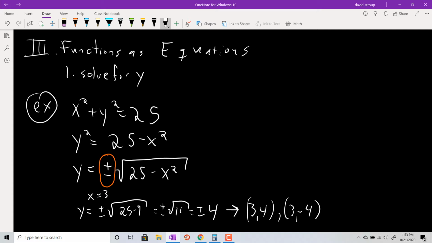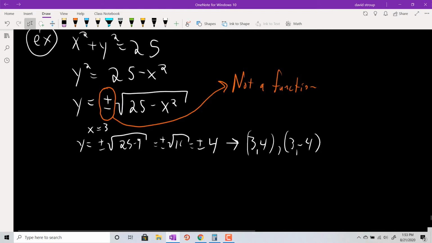It's not a function. So long story short, when you're solving for the y value, or what they sometimes call an explicit formula, if you end up with a plus or minus, it's not a function. Otherwise, you can bet that you're going to be all right.